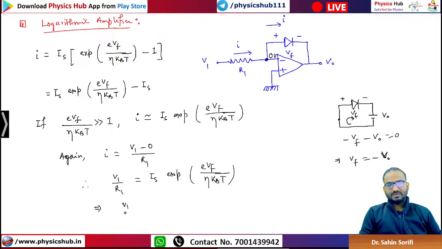So V1 by Is R1 is equal to exponential minus e V0 by eta kt.